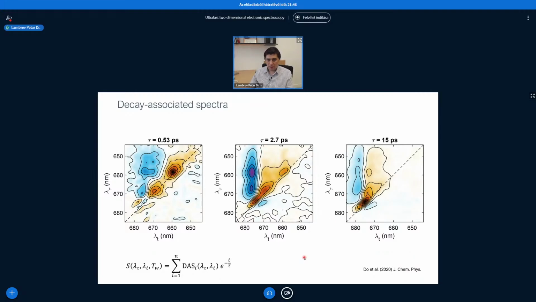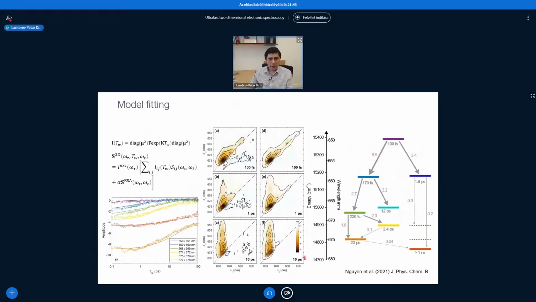But that's relatively crude. You can do much more sophisticated modeling where you have a variety of excited states, and you fit all the traces in the 2D spectra. So you can reconstruct the original two-dimensional spectra, and with this you can get the energies of the excited states, their widths, homogeneous and inhomogeneous, and of course the rate constants of energy transfer, basically the entire kinetics of the system.